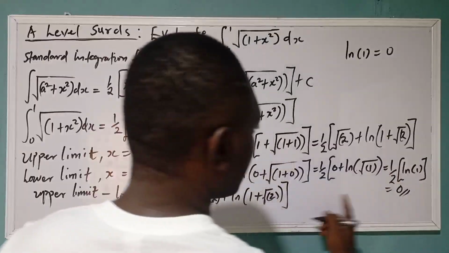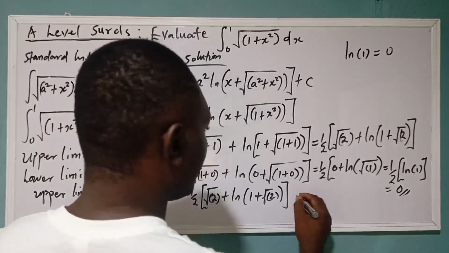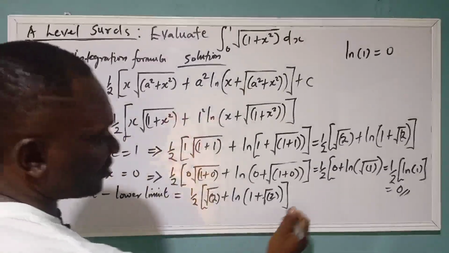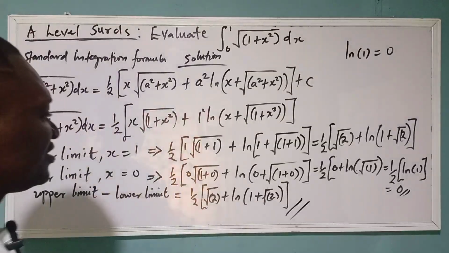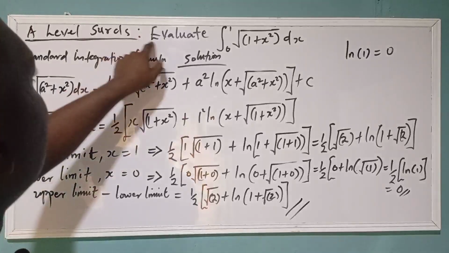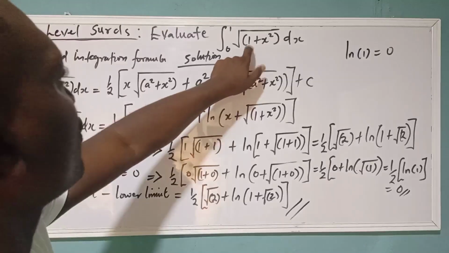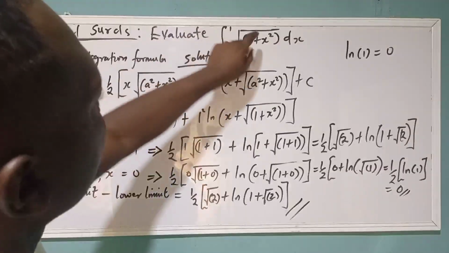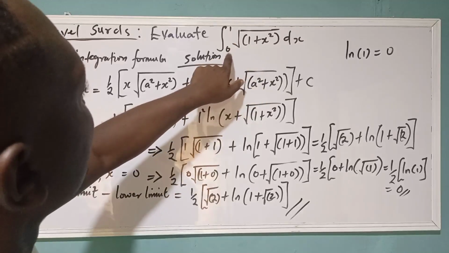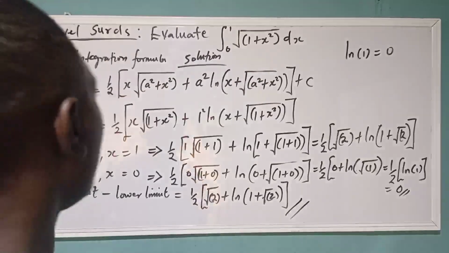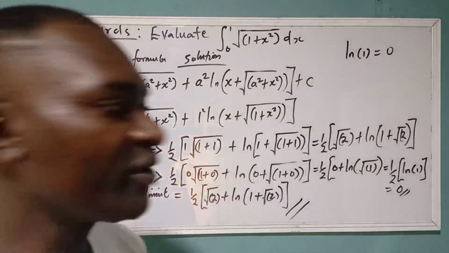Minus 0. The lower limit is 0. So the answer will just be this. This is the final answer for the integration of this surd under this area where the limit is 0 to 1. Okay, so this is where we are going to stop.